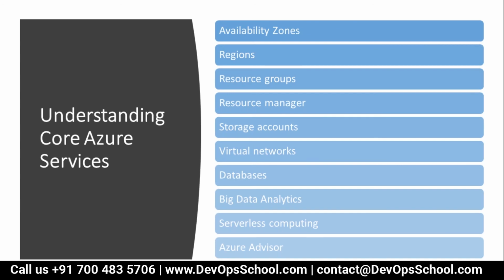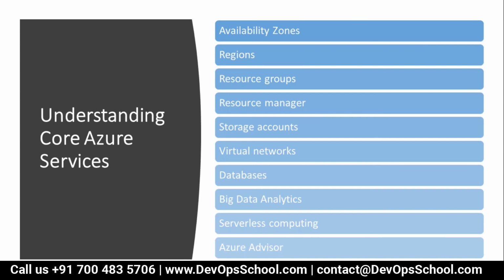Location. The location where the data center is located for that region, like US East or India, if you take Bombay or Chennai. There is a South India region or Mumbai region, right?